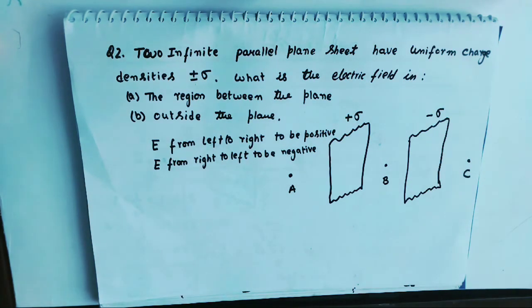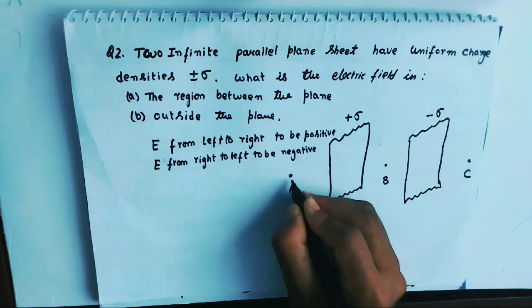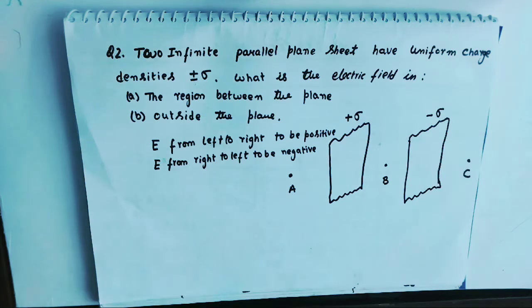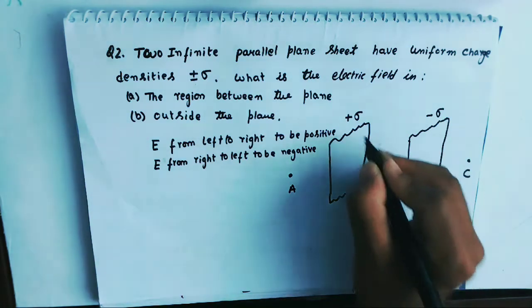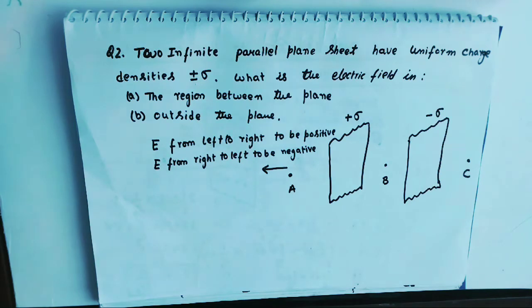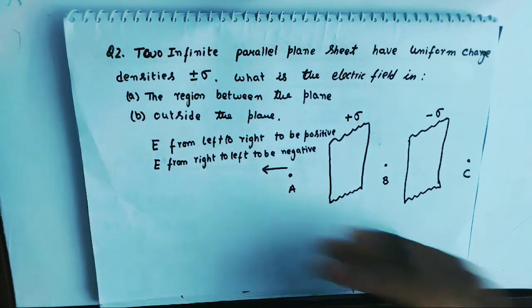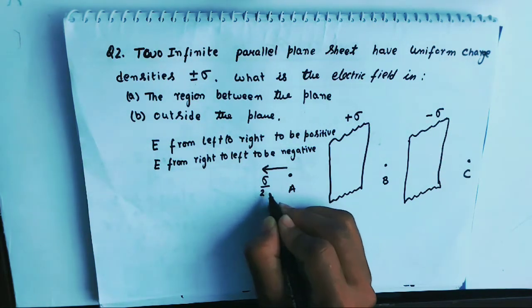So now the electric field at A due to this plus sigma is in this direction, because the electric field is always away from plus. So the electric field due to this plus sigma is sigma by 2 epsilon naught.